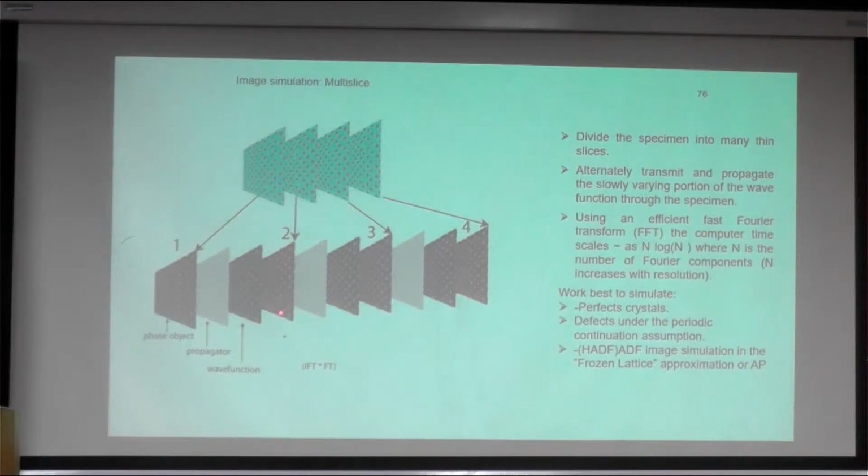So how is it done? Your specimen is sliced into thin slices, and then the beam alternately transmits and propagates through these slices, and then it calculates your image. So it works very nicely for perfect crystals, for defects, and it can also be used for HAADF imaging.